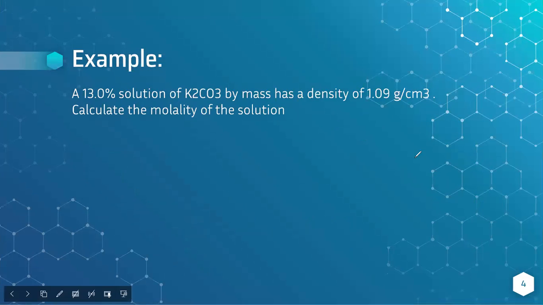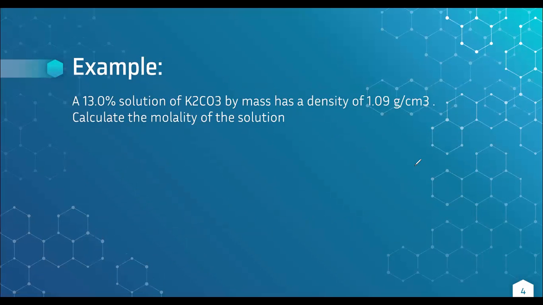In this problem, we have something that's a 13% solution of potassium carbonate by mass, which has a density of 1.09 grams per centimeter cubed. And we want to calculate the molality of the solution.